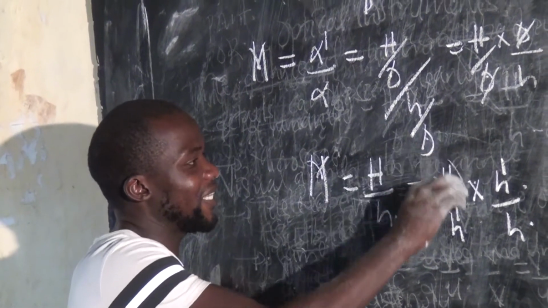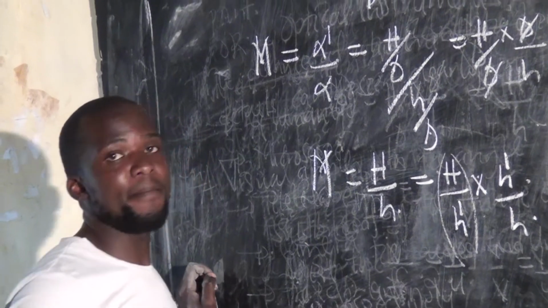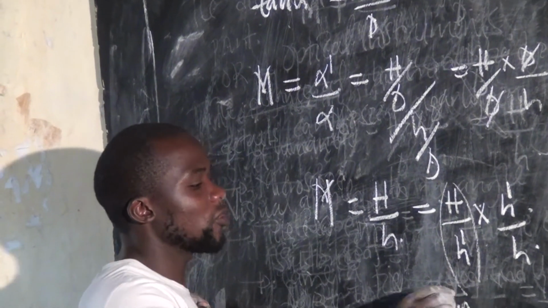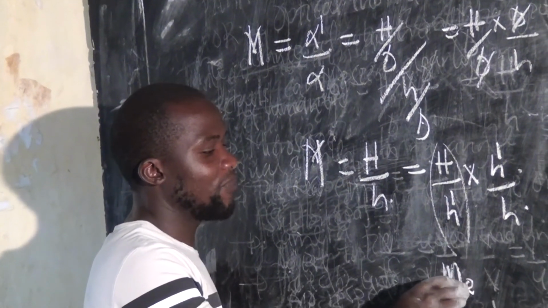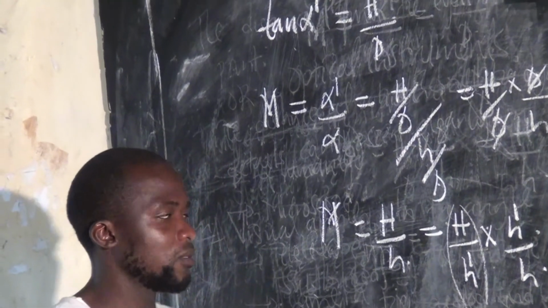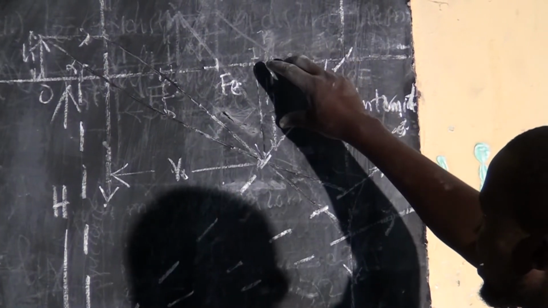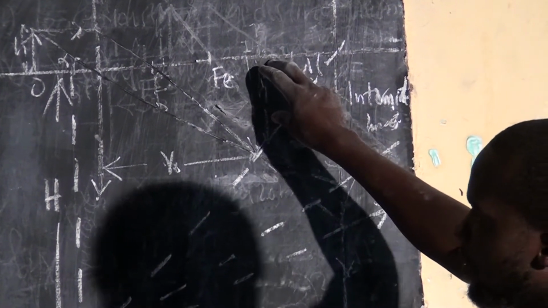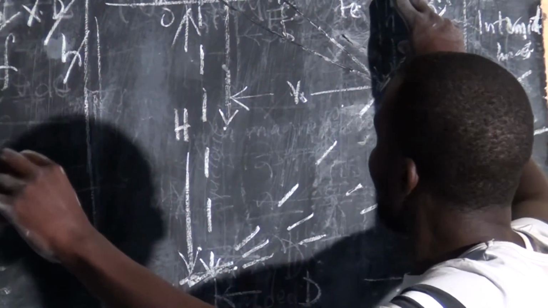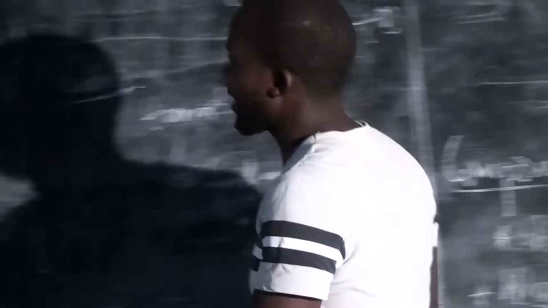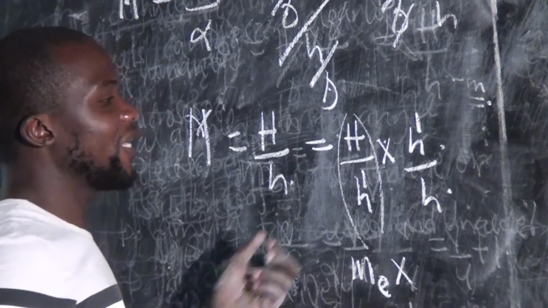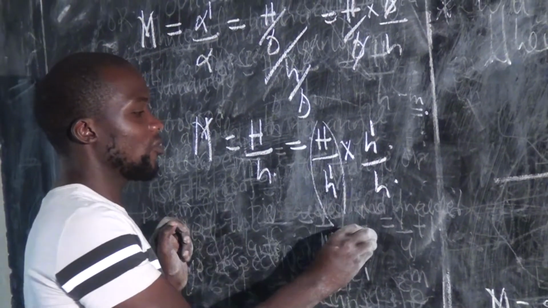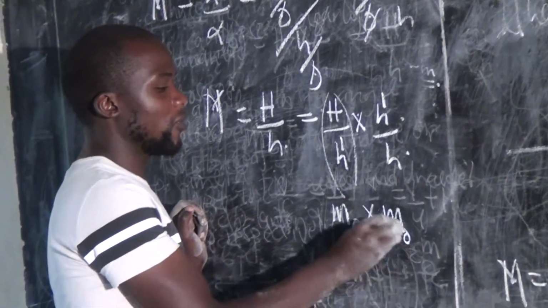Now when you look at H over h prime, it is a magnification being caused by the eyepiece. Let us check the diagram. So this is the image, then this is the object. So image height over object height gives us a magnification, but being caused by the eyepiece. Then h prime over h is also magnification, but being caused by the objective.